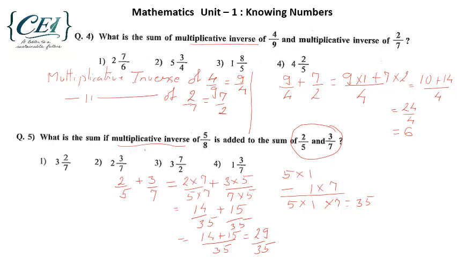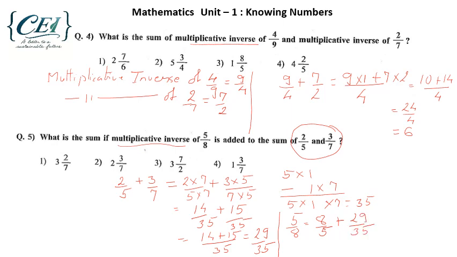This is the sum. Now, the multiplicative inverse of 5 upon 8 is added. This part 1 is over. The multiplicative inverse of 5 upon 8 is equal to 8 upon 5. 8 upon 5 is to be added to 29 upon 35.